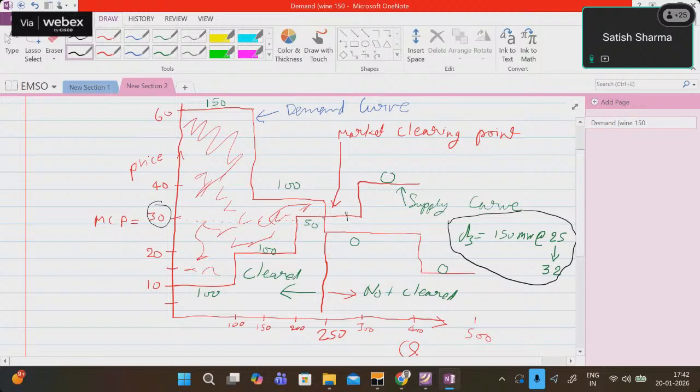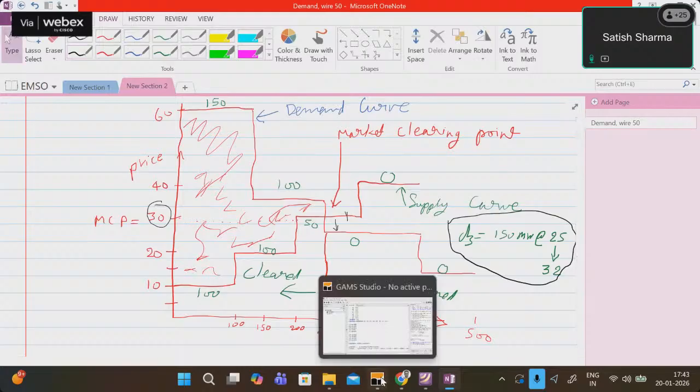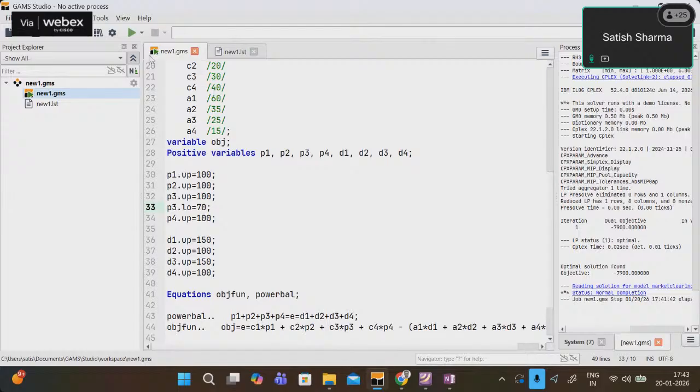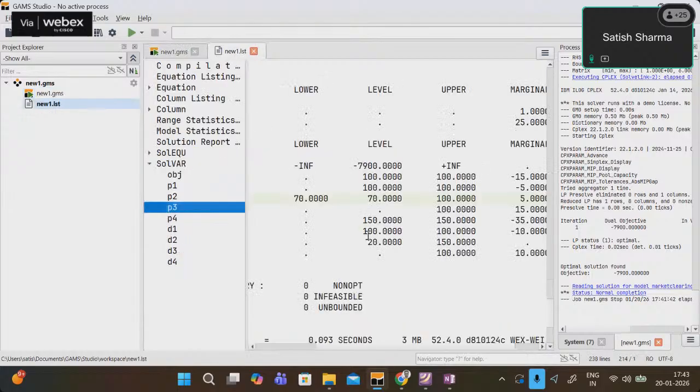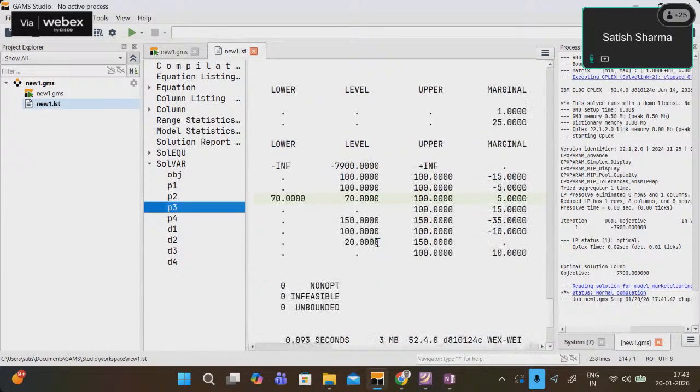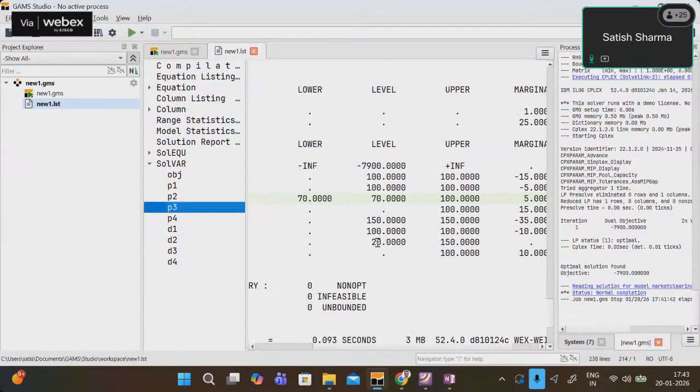In that case, this 150 and 100, 250 demand is fulfilled up to this part. This extra 20 will be given to the third demand. But the price for this is still 30. That is the issue. If you see here, the result part, 150, and the third demand is basically at 20 megawatt.